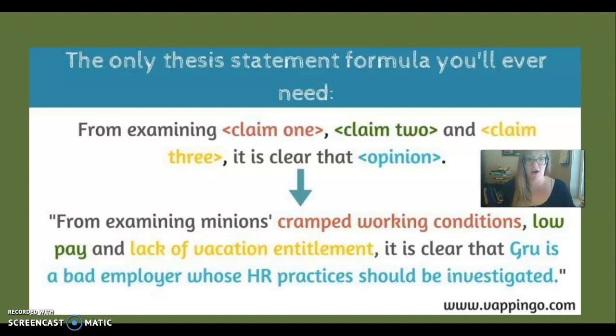If you are looking at, we'll keep that addiction example, maybe I could say, from examining the effects that addiction has on family members, friends, and the addict themselves, it's clear that addiction has just as much of an effect on family as it does on an individual. Might need a little work, but it is definitely getting there.